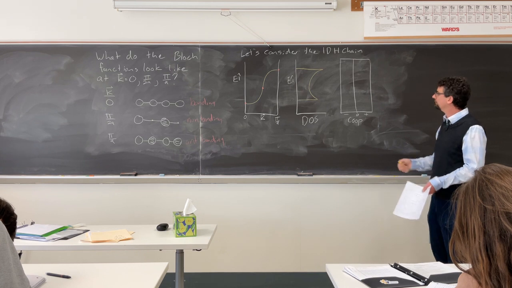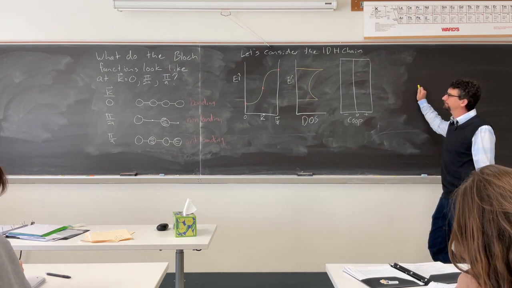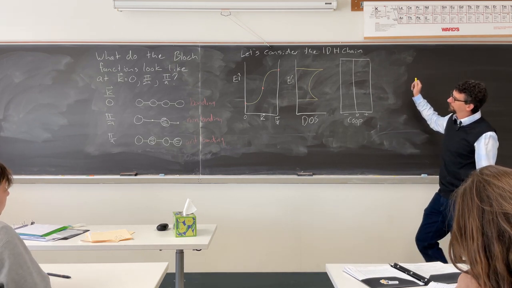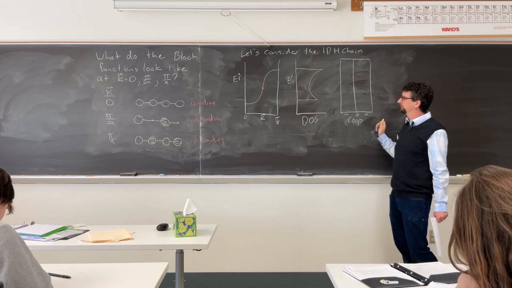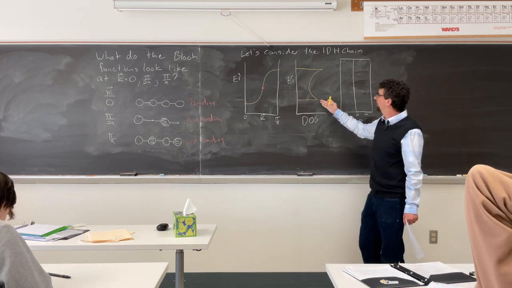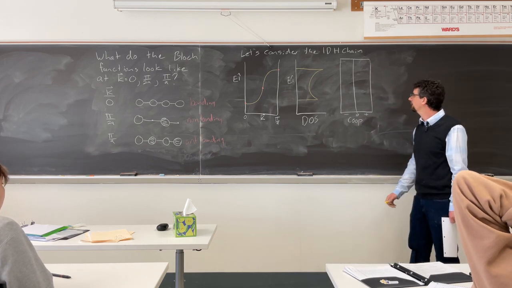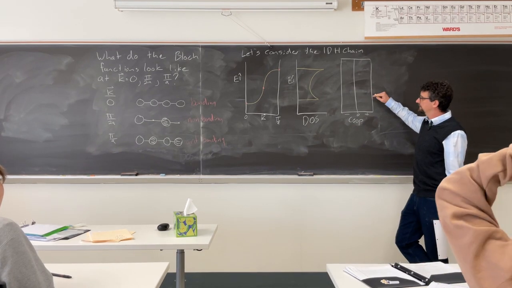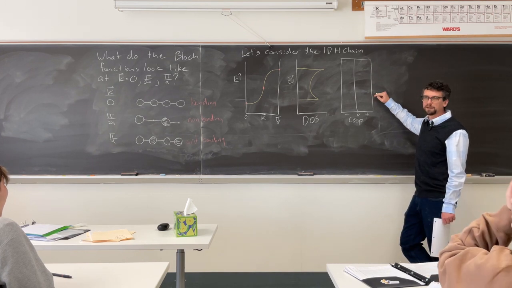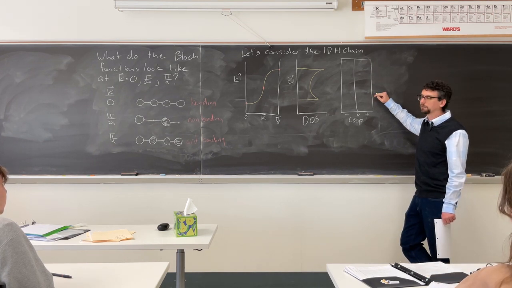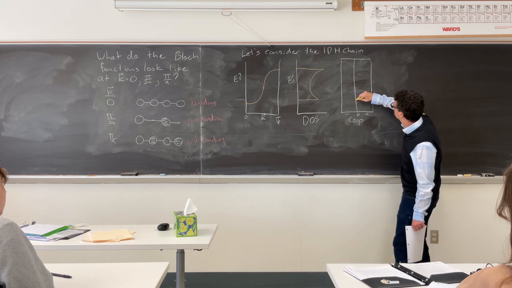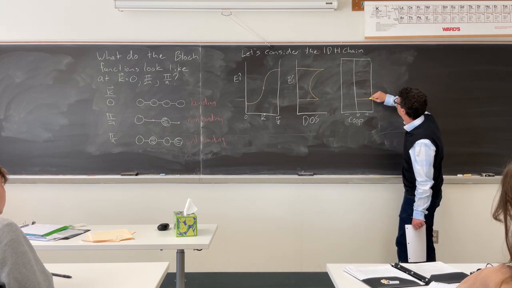Now, let's try to plot out our COOP. And remember, it's the overlap integral, or overlap, multiplied by our density of states. So where's the most bonding interaction? Yeah, right at the beginning. So we're going to go like that.